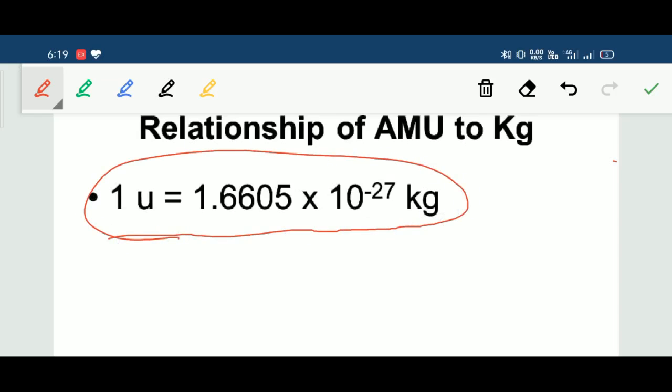That means if we multiply the atomic mass with this number, 1.6605 × 10^-27, we can get the mass of an atom in terms of kilograms. Hence, once we know the atomic mass in terms of atomic mass units, we can also convert it into absolute mass in terms of kilograms.